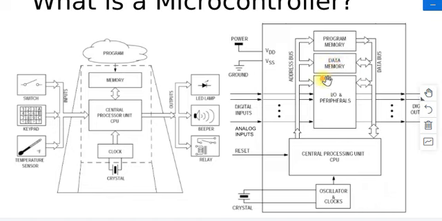Then after the execution you do some tasks like on-off type systems, like turn on your light, turn on your fan, turn off your fan, turn on your motor, turn off your motor, like that. So these are the IO and the peripherals.